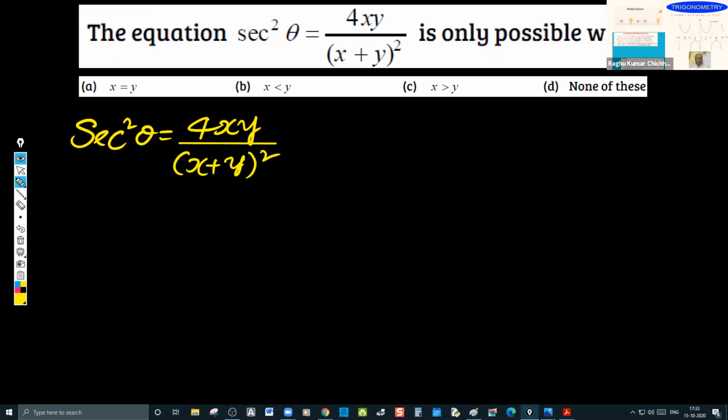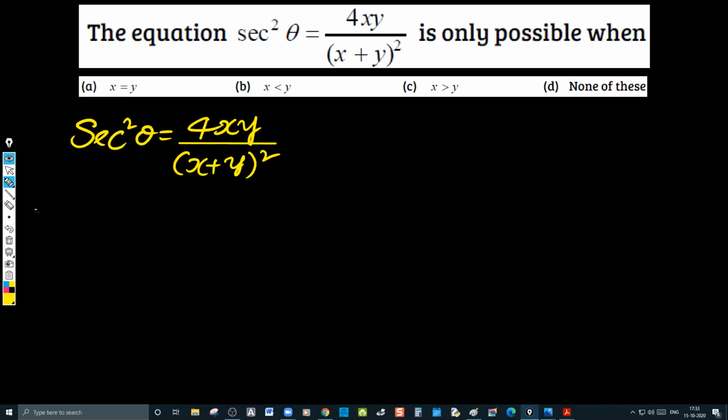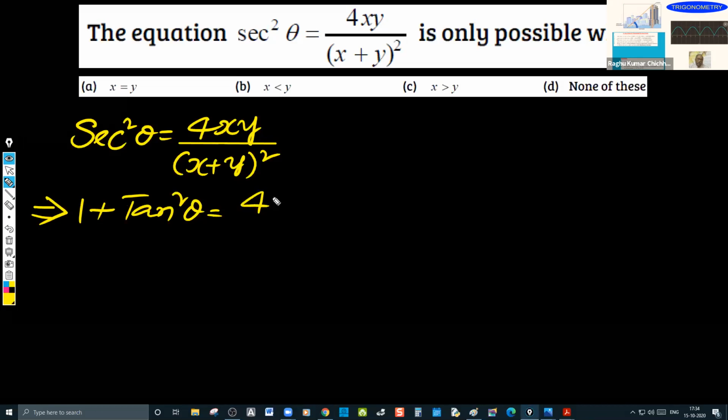What I'm doing is making it another perfect square. Tell me the relation between tan and secant, please. Secant square is equal to 1 plus tan square theta. Very good. So now I'll write this as 1 plus tan square theta is equal to 4xy divided by (x plus y) whole square.